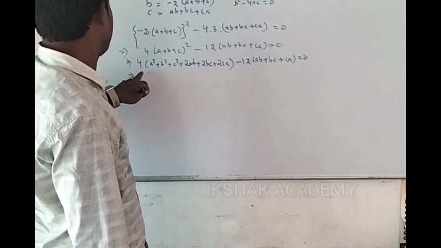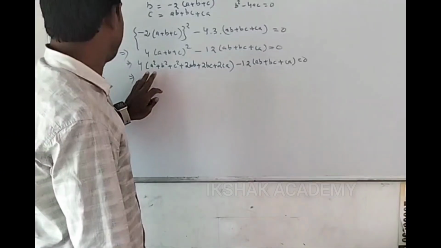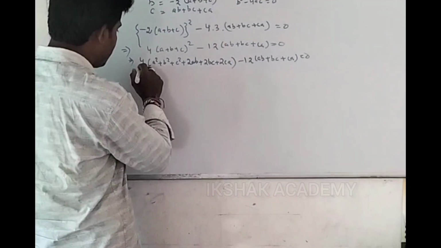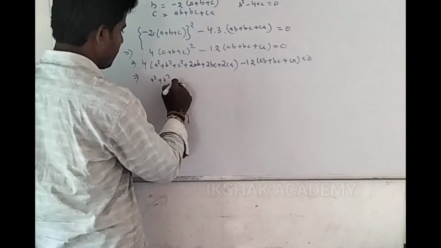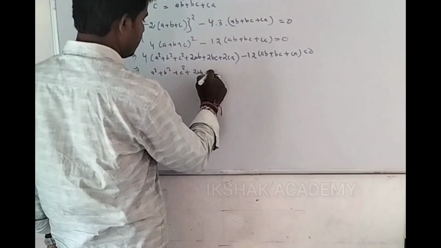So now here is 4, here is 12. Divide by 4. Here when we divide by 4, that is a square plus b square plus c square plus 2ab.